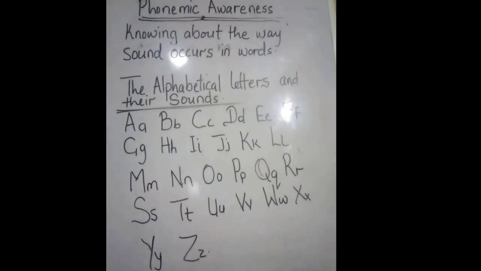When it's the last letter in words, it makes the sound E, just like letter I. Okay, so just take note of that. Letter Y is a special letter. Sometimes it functions as a consonant, and some other times as a vowel. And the last letter here, letter Z, makes the sound Z, like when bees are buzzing.